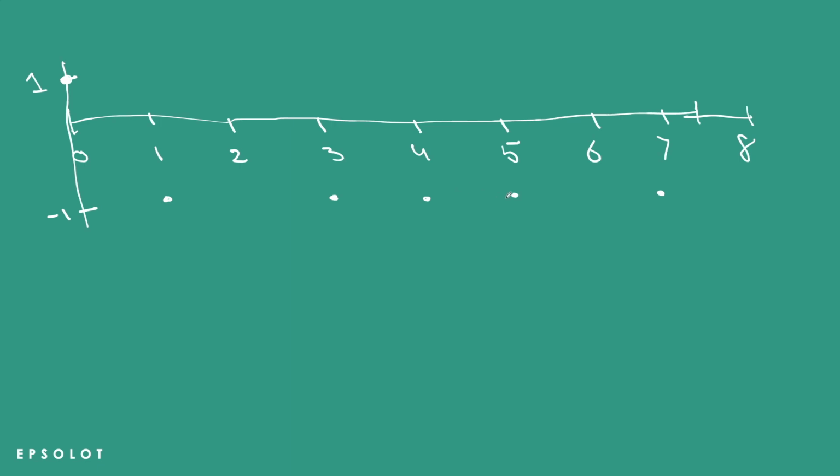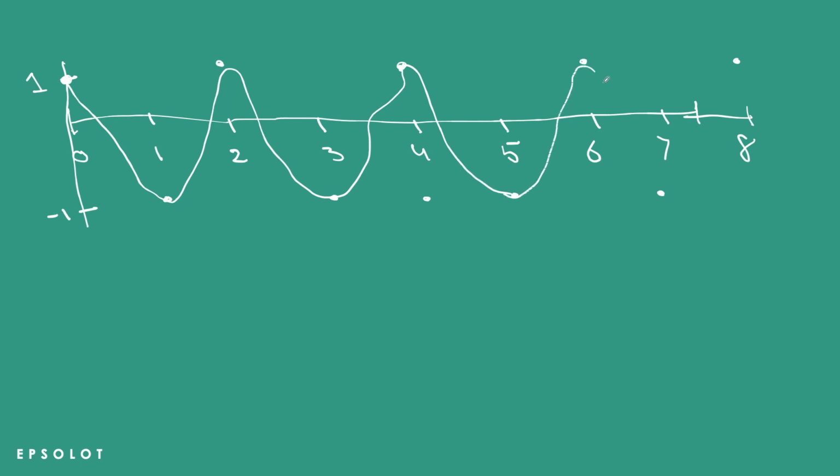All of the odd powers give you a negative answer, and all the even powers give you a positive answer. So essentially what you're looking at is something that looks like this. That was a very badly made curve, but you get the idea, right?